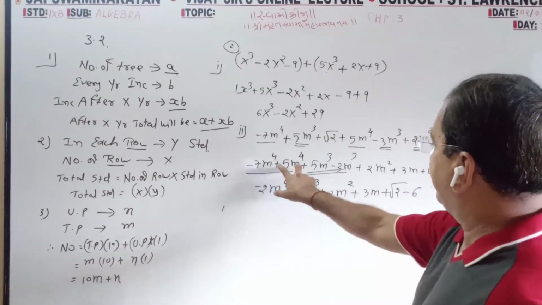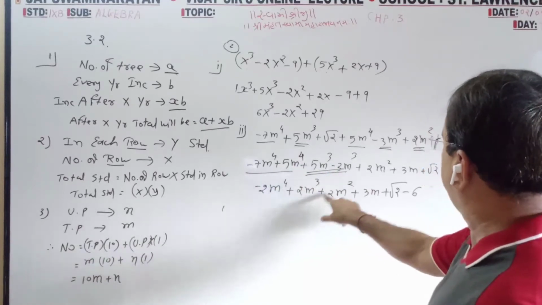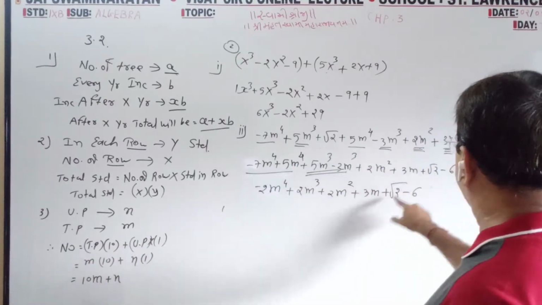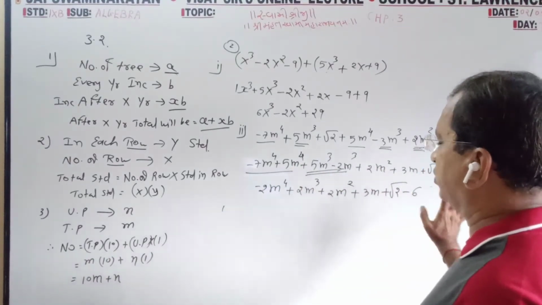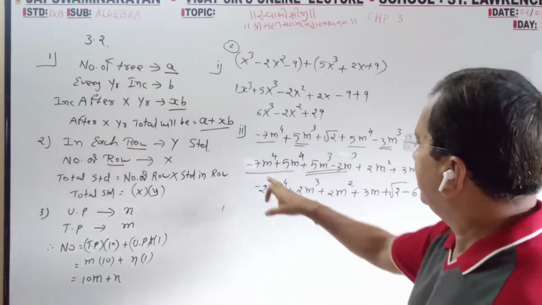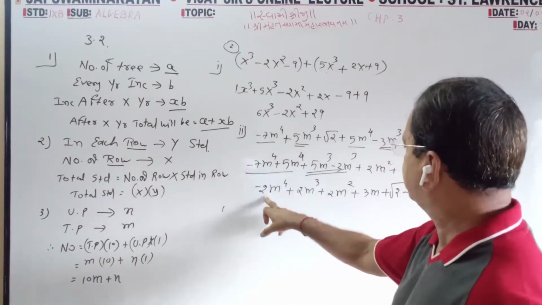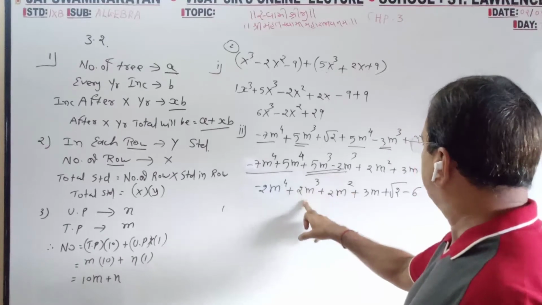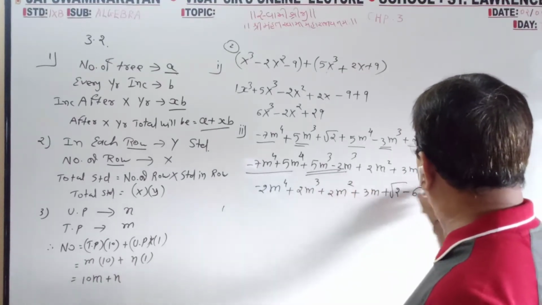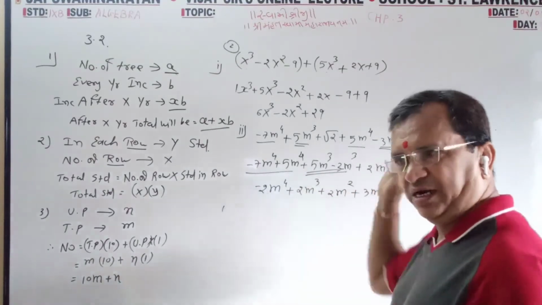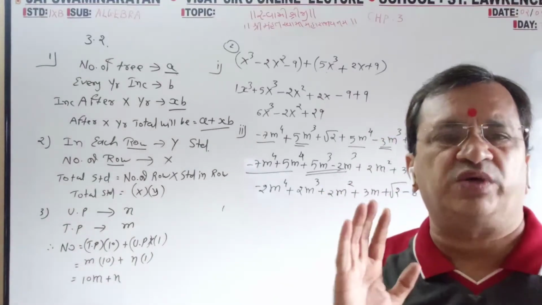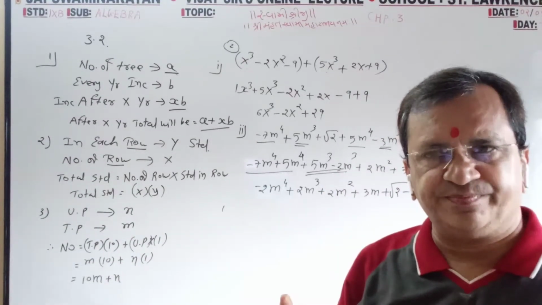From higher power you have to start. Rest to 4, rest to 3, 2 power, 1 power and 0 power. 0 power means only coefficient, means only the number. Minus 7 plus 5 is equal to minus 2. 5 minus 3 is equal to 2. This is 2, this is 3 and rest, because this root and without root numbers you cannot add. Correct?